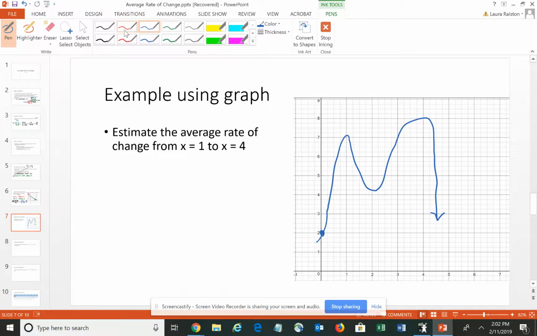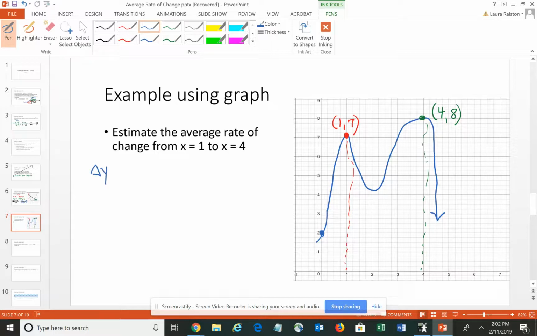Okay, so when x equals 1, here's 1, and that would correspond to the ordered pair 1, 7. Then the other value we're interested in is 4. And I would have 4, 8.